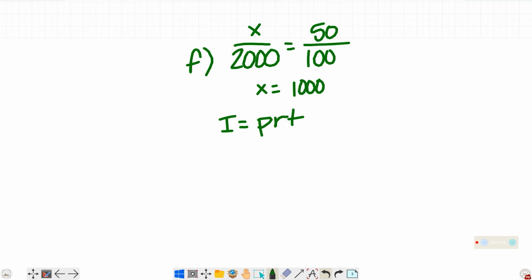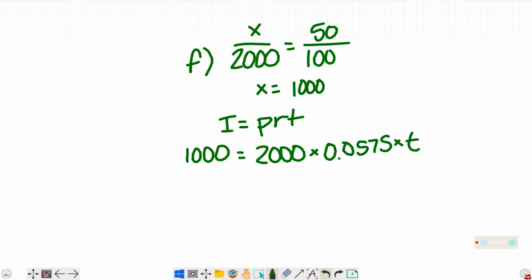This was the original equation. The 1,000 is our interest. The principal, we started with 2,000 in the account. The rate was 0.0575, and we need to know the time.